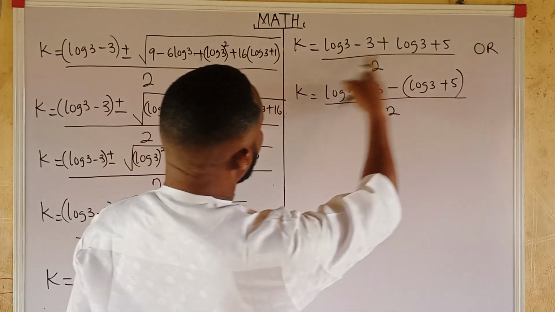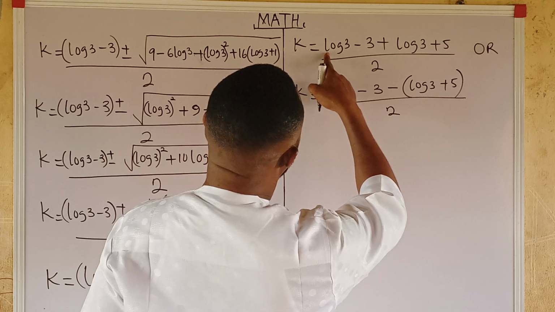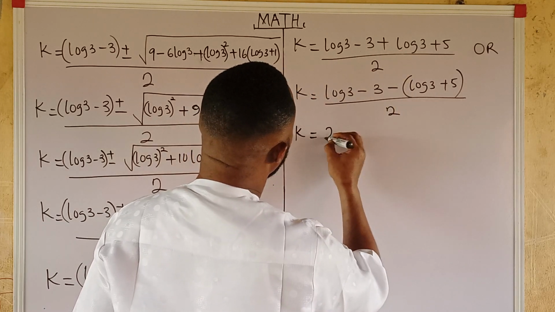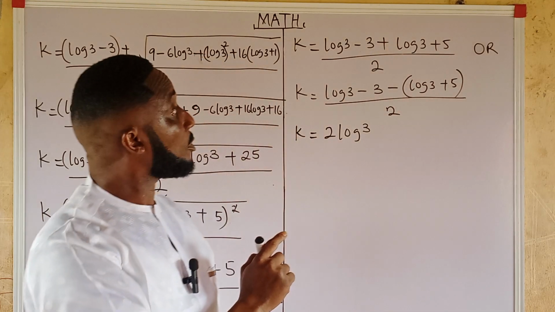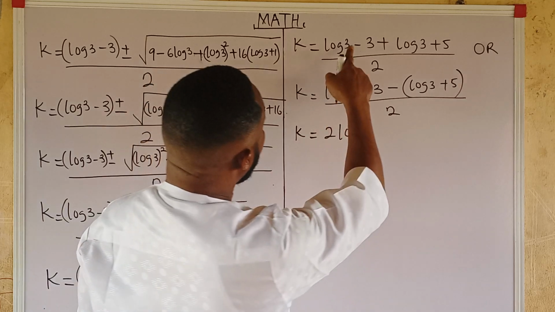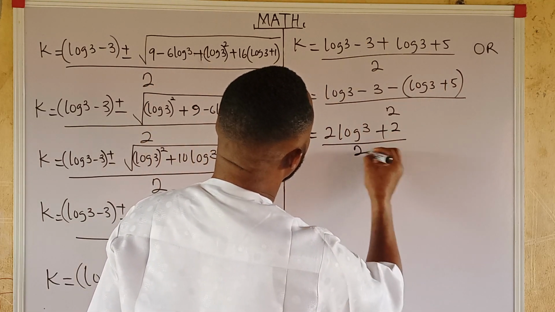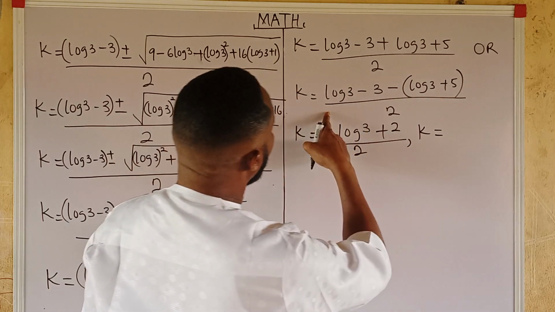If we collect like terms here, it's going to give us log 3 plus log 3, so the first value for k will be 2 log 3, then minus 3 plus 5, that will be plus 2, all over 2.